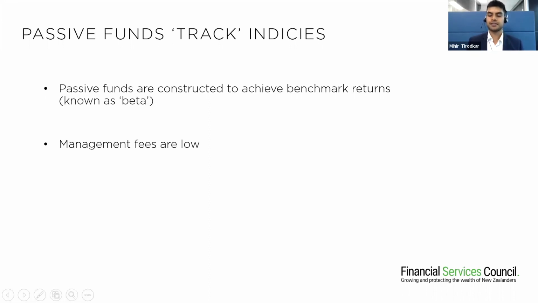Because there is relatively less effort in creating a passive fund and there are less active bets or active risk, management fees are also typically lower for passive funds. By investing in a passive fund, you are broadly investing in the market that the benchmark is trying to track. You will never beat the benchmark, but you won't underperform the benchmark either, gross of fees.